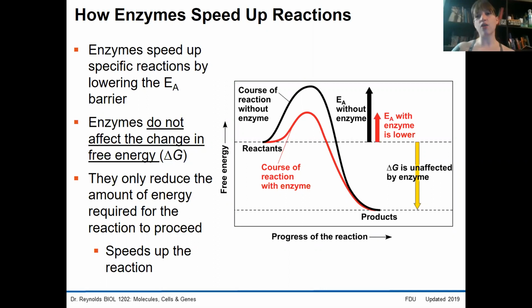Enzymes are not going to change the actual difference in free energy, meaning enzymes aren't going to do anything that actually releases energy into the system. You're going to have a set energy for your reactants and a set energy for your products. The only thing that they will do is reduce that amount of energy that's required for the reaction to proceed. So they're capable of speeding up a reaction that's already spontaneous.